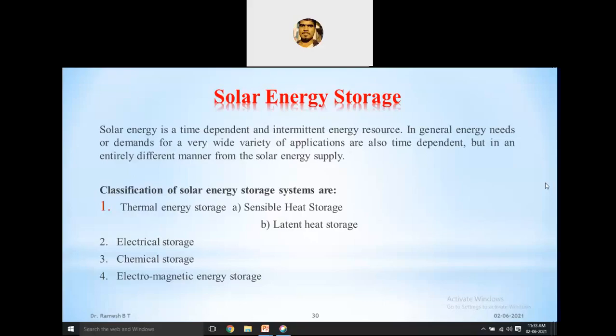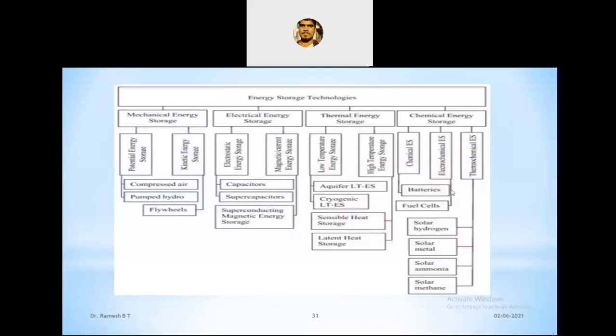So come to the broad classification of solar energy storage. This is a classification chart. The solar energy storage technology can be classified into 4 important subgroups.